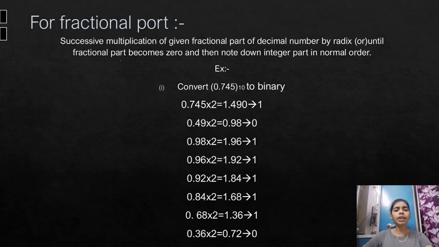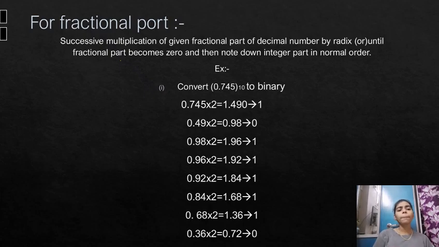For the fractional part, do successive multiplication of the given fractional part of the decimal number by the radix until the fractional part becomes 0, and then note down the integer parts in normal order.